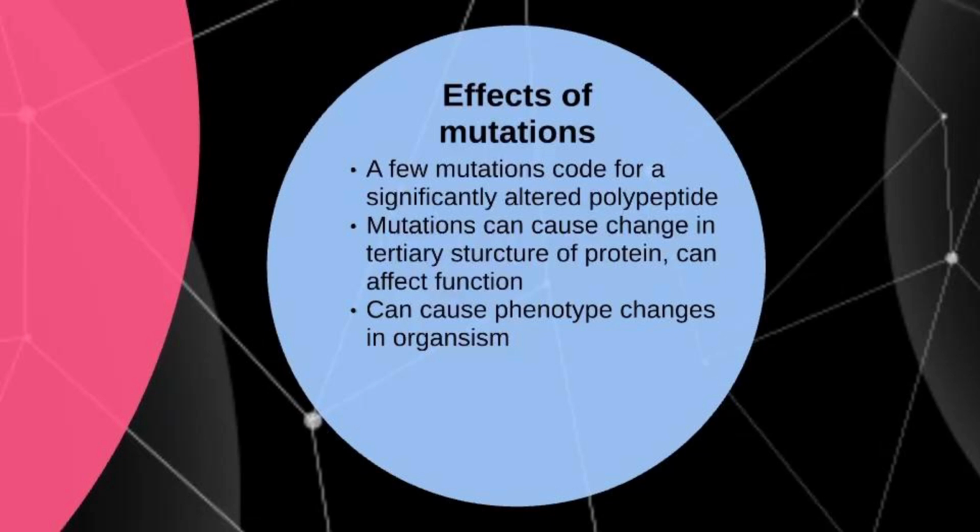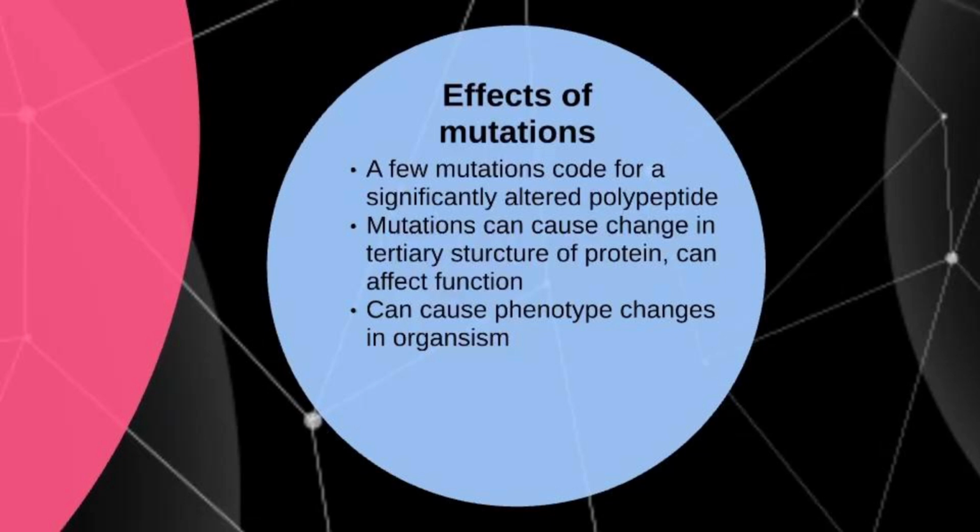And if we have changes in the protein, then this can cause phenotypic changes in an organism. If the proteins are folded differently and not functioning as they should, this can result in changes in how the organism functions and how it presents.